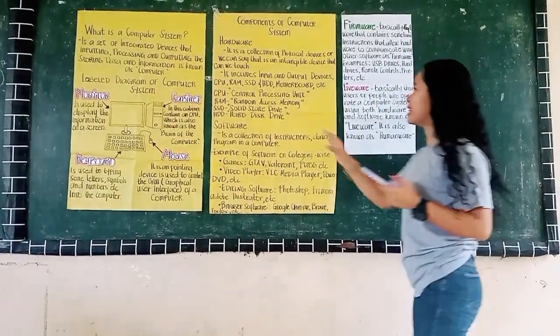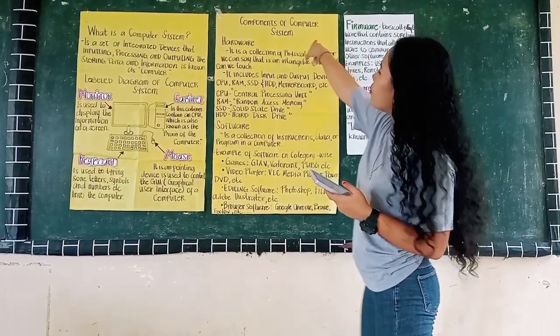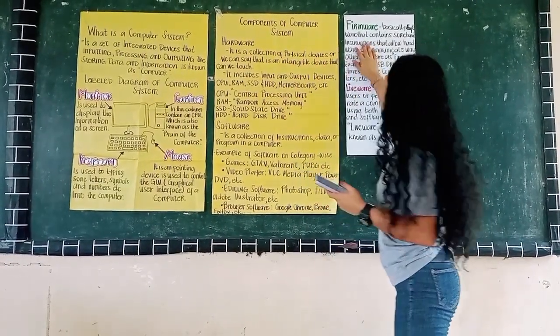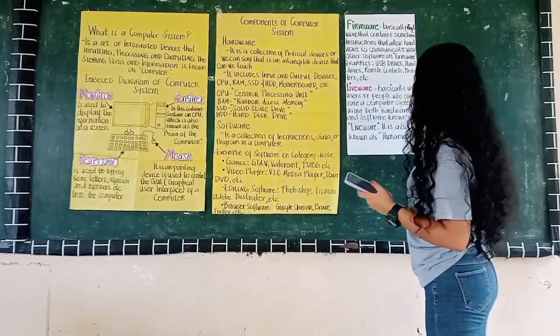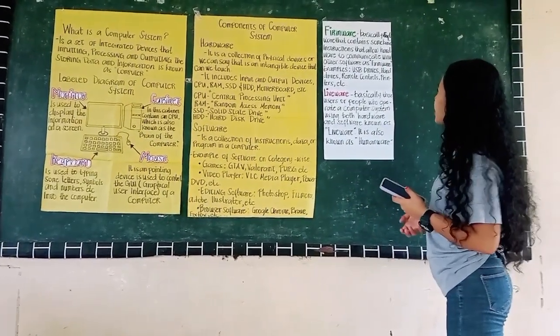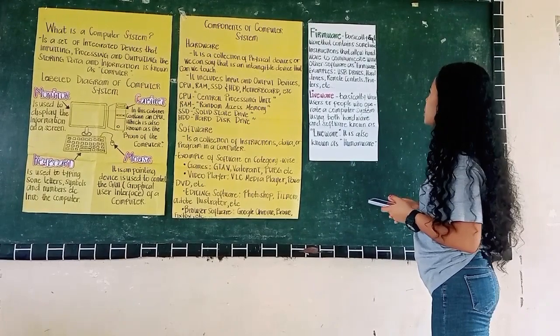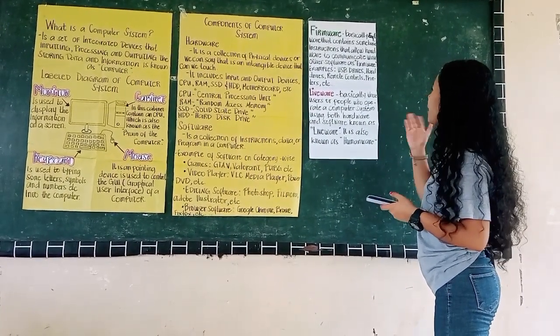So, last but not the least, sa computer system, there is what we call firmware and the liveware. When we say firmware, basically it is software that contains some basic instructions that allow hardware to communicate with other software.